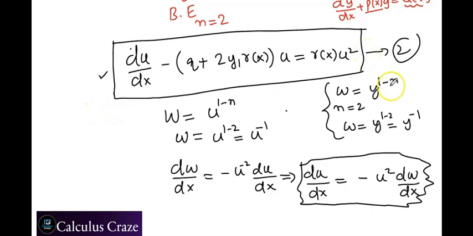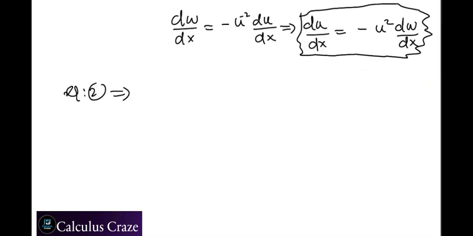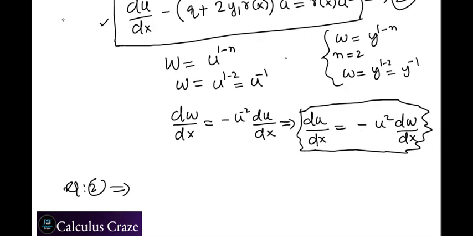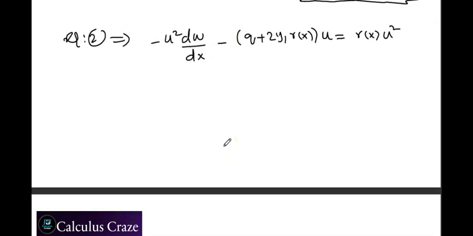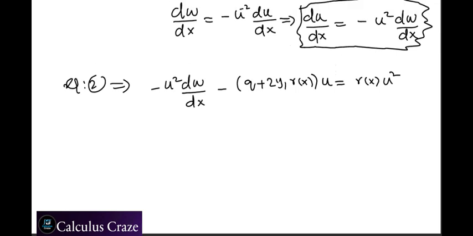So this is my equation 2, and it will be minus u squared derivative of w with respect to x minus q plus 2y1 r of x times u equals r of x times u squared. But I can divide this whole equation by minus u squared.